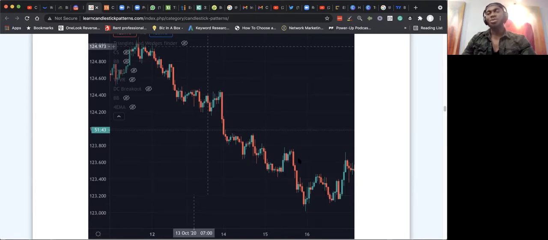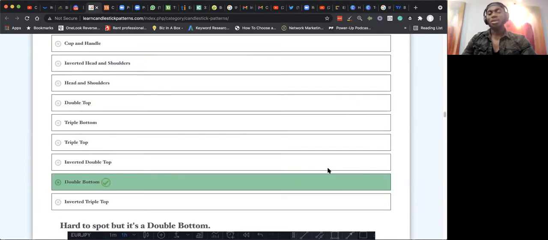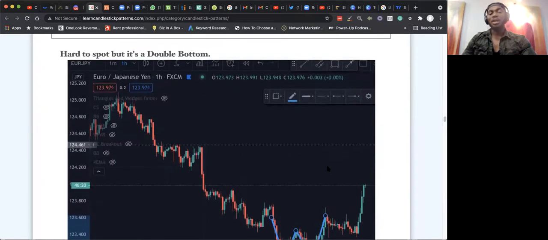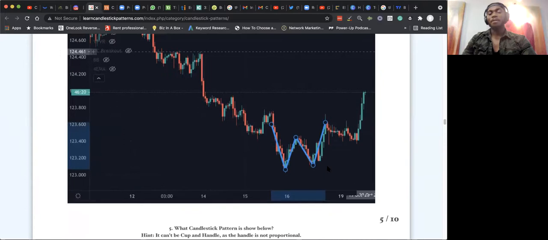Notice that as we're reviewing these charts, some of these patterns that were hiding in plain sight are starting to reveal themselves. So we're going to keep moving on to the next chart. Although it's hard to spot that double bottom, you kind of have to be patient and imaginative.